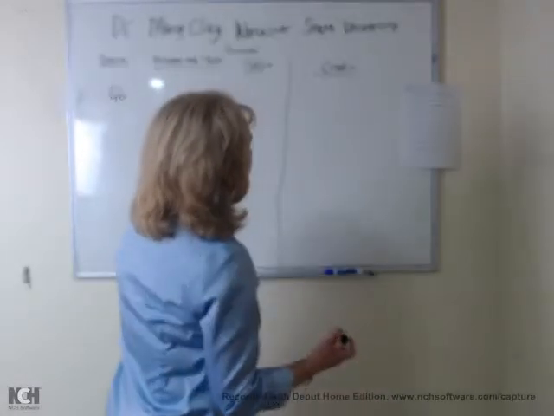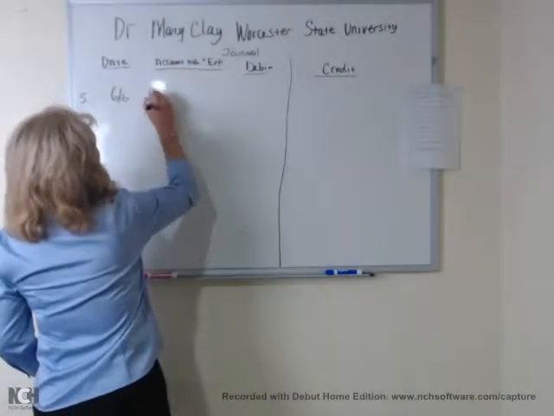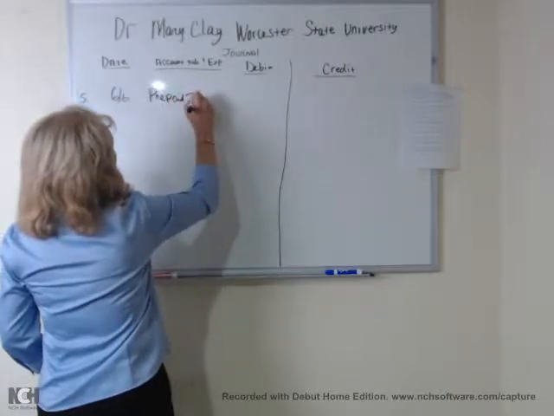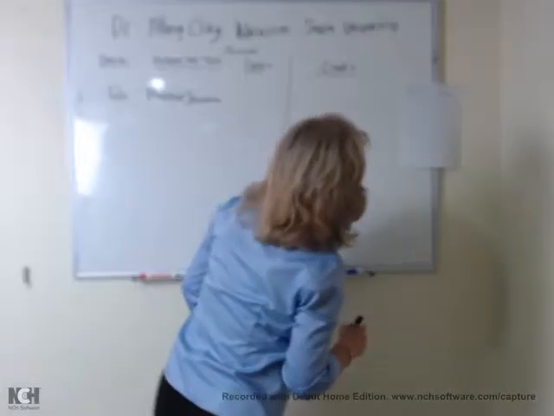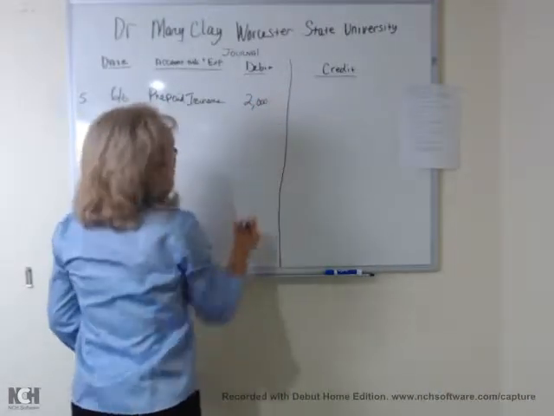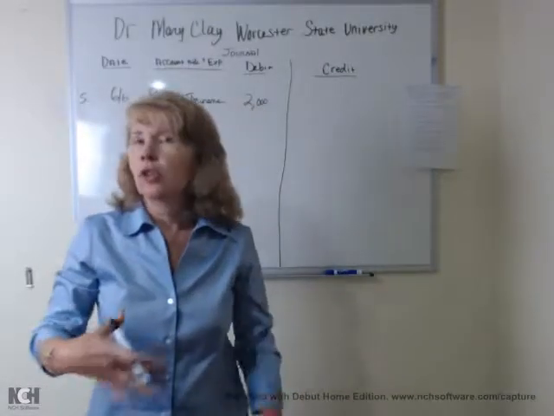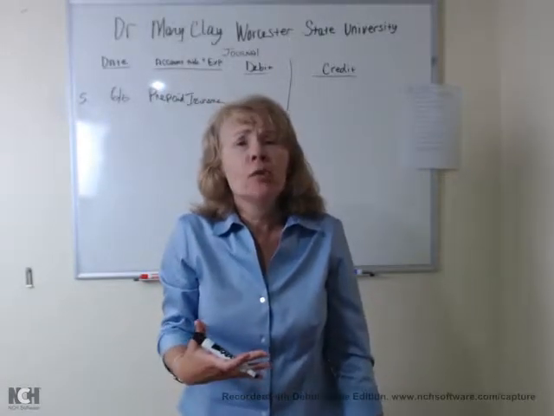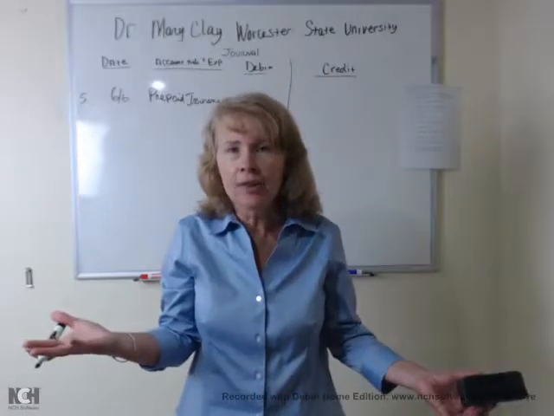So what do you do? You go over here, 6/6, you would debit prepaid insurance. How much? $2,000. And it just says paid. So you're first learning accounting. When you hear the word paid, if they don't say anything about on account or on credit, that's cash.